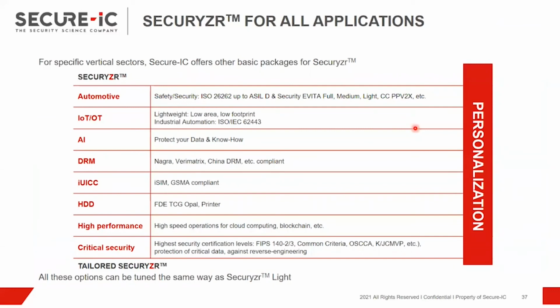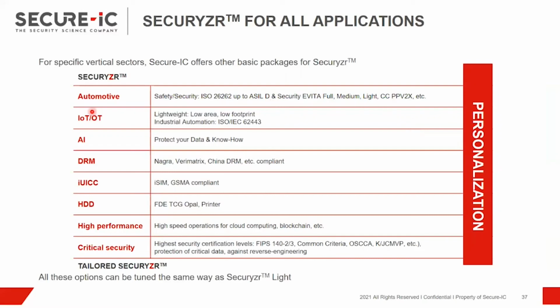Also, depending on your application, your system has specific constraints. In automotive, you have specific standards, and you also have an important point relative to safety, the ISO 26262, and the Securizer, the integrated secure element, also needs to have some safety mitigation solutions.